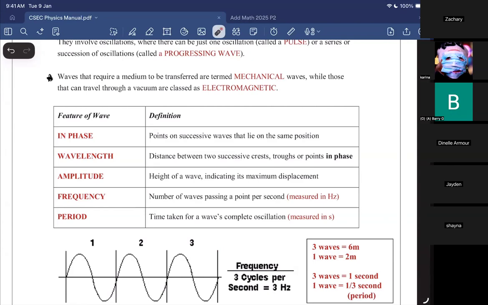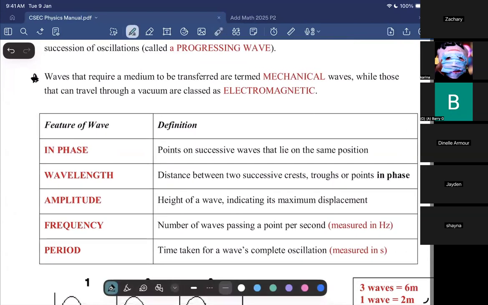Let me give you all a good definition that I vouch for a wave. Let me think of a good definition.